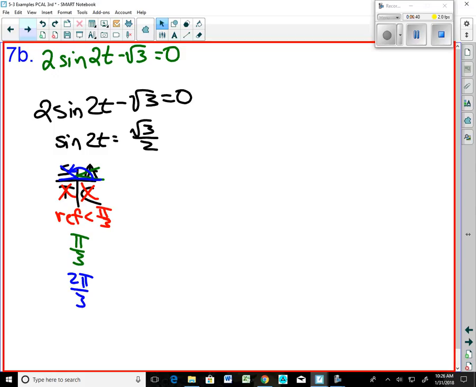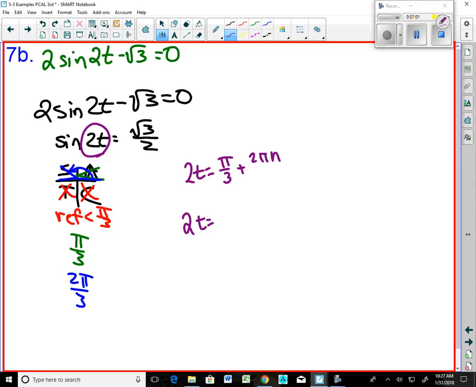So we have to use all the real numbers as we go. But now this is the point at which we say, okay, it's really this 2t that equals pi over 3 plus 2 pi n. And it's really 2t that equals 2 pi over 3 plus 2 pi n.